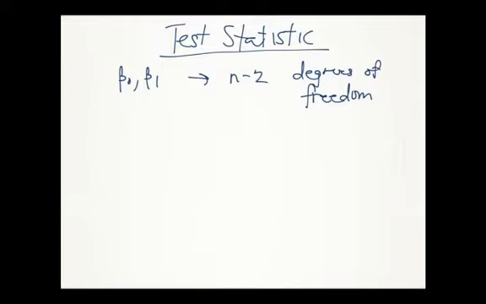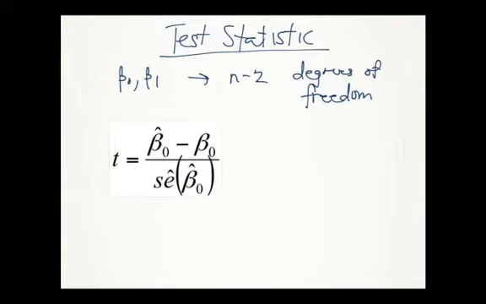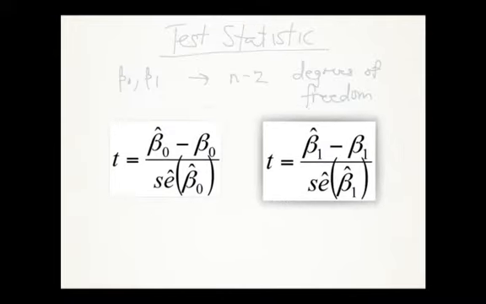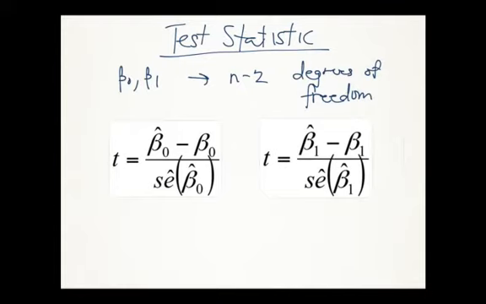So we can construct test statistics for both of them, and typically we're only interested in test statistics involving the slope. Here's the test statistic involving the intercept, but typically we're only interested in test statistics involving the slope. You'll see they take a very familiar format, and they're analogous to each other.